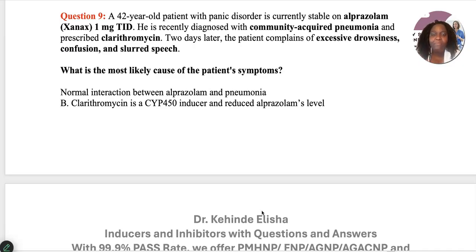Question number 9. A 42-year-old patient with panic disorder is currently stable on alprazolam, Xanax. He is currently diagnosed with community-acquired pneumonia and is prescribed clarithromycin. Two days later, the patient complains of excessive drowsiness, confusion, and slurred speech. What is the most likely cause of this patient's symptoms?